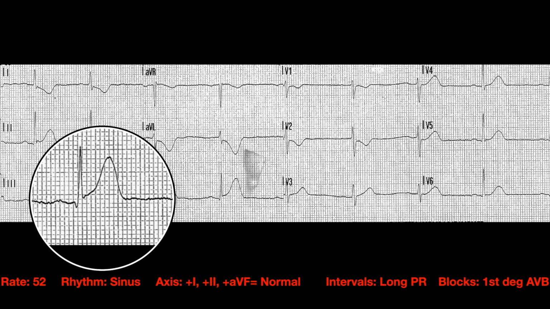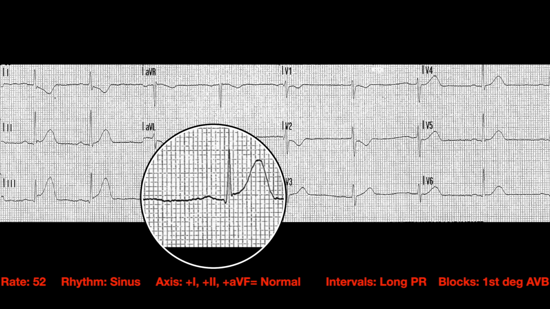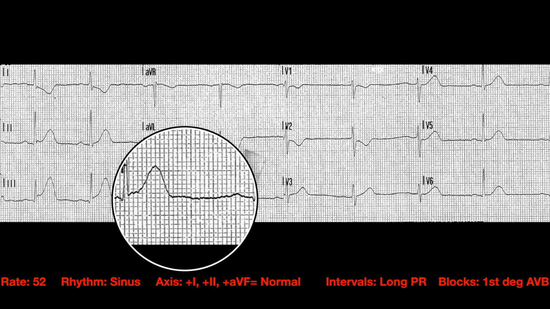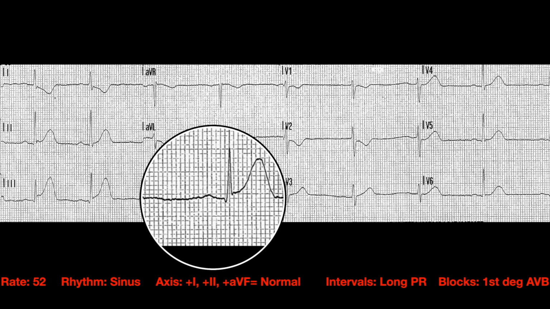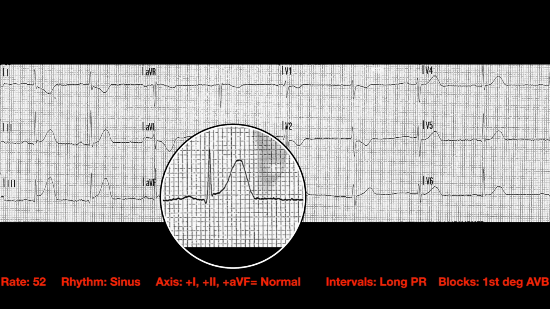It looks close to it. When we get into lead AVF, we see kind of the same thing. That looks like there's a millimeter of ST elevation there on both sides. So I'm concerned at this point that we have at least a millimeter of ST elevation in the inferior leads. It follows a vascular territory. It's in 2 leads. I'm concerned this is an inferior STEMI.